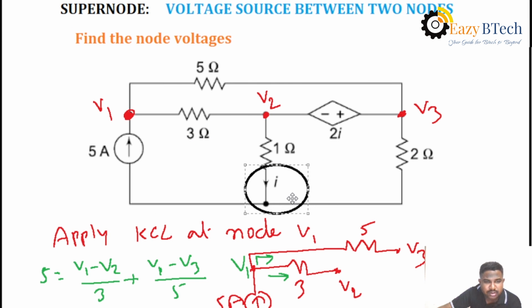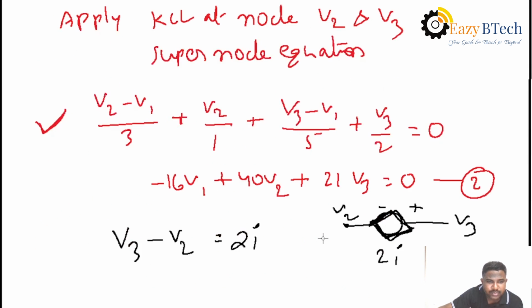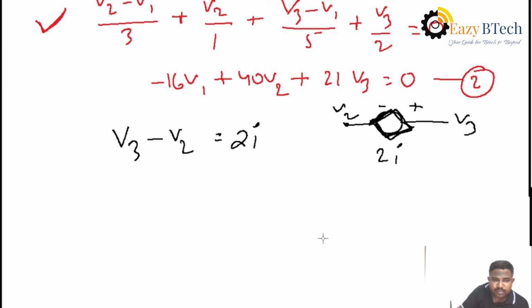This is the position. I is the current passing through the 1 ohm. For 1 ohm, the voltage is V2. Then I equals V by R, and R is 1. So from the circuit, I is simply V2 by 1, which is nothing but V2.